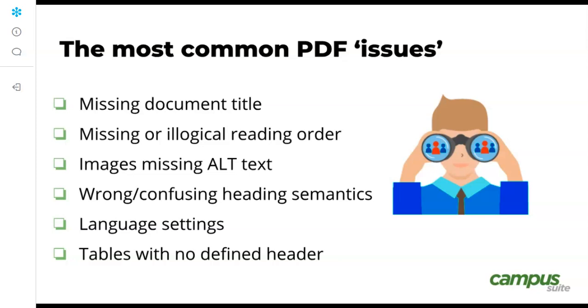And then when you create new PDFs, try to avoid using tables, or no defined headers on tables. That's a common problem. Tables are a whole other animal in themselves. You want to make sure that when people navigate through the table, they can find what they're looking for.